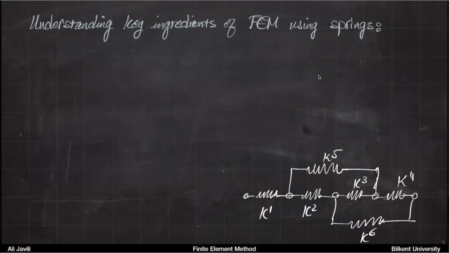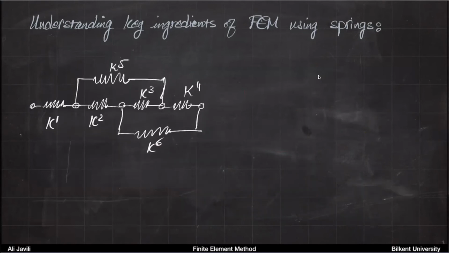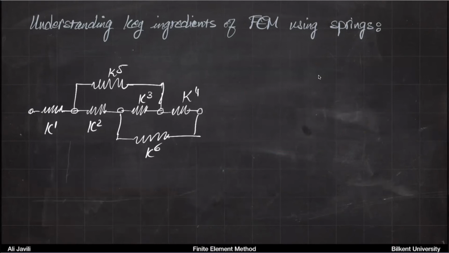So let's look into this now. The first thing you want to do, again, as we did previously for the other systems, is to number the nodes in the system, right? So let's call this node 1, and this is an arbitrary process. You can call any node you want to be 1 or 2 or 3.